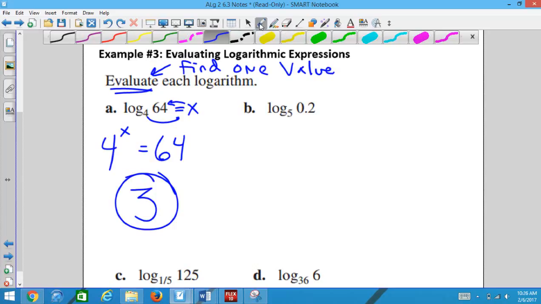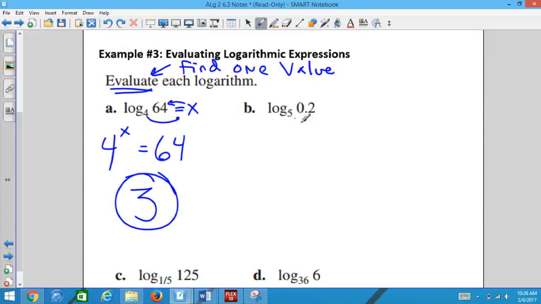All right, how about the next one? We've got log base 5 of something, 5 to the something equals 0.2. Now, 0.2 is a decimal, so I'm going to make it into a fraction instead to make it a little bit easier to think about. 5 to the x is what? 1/5.